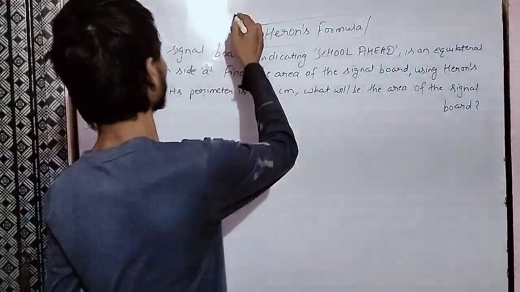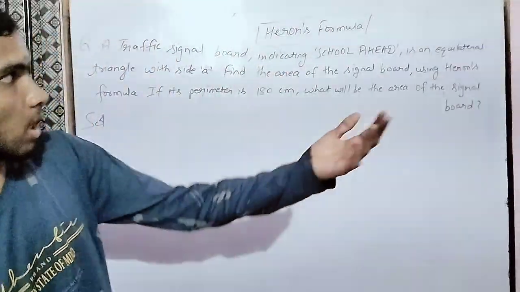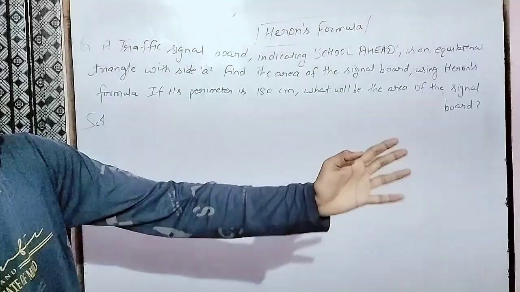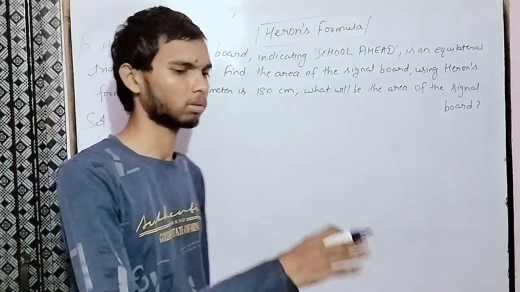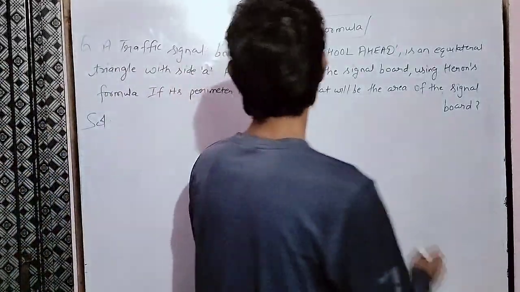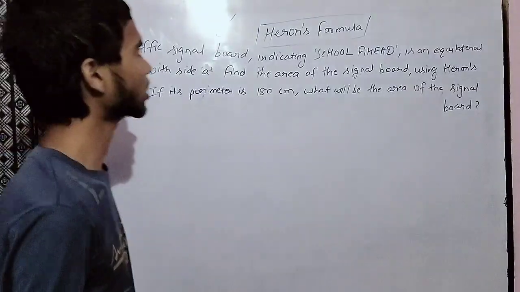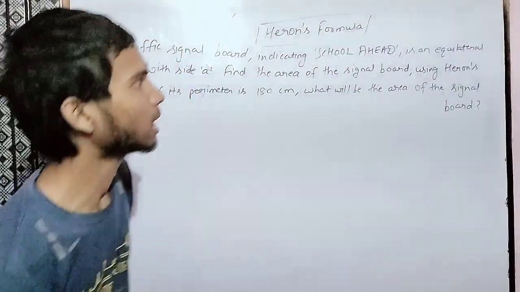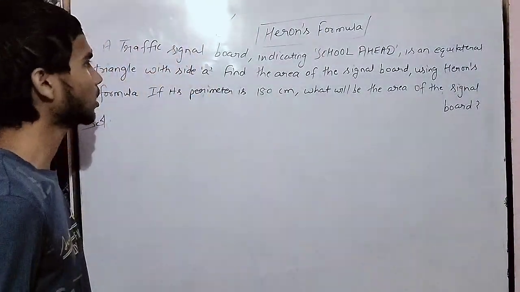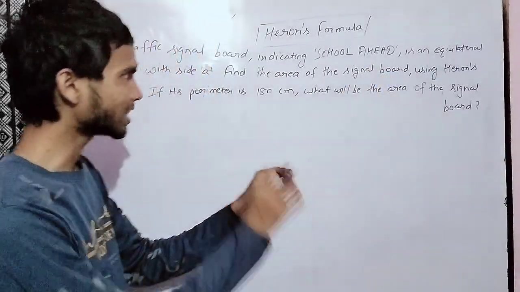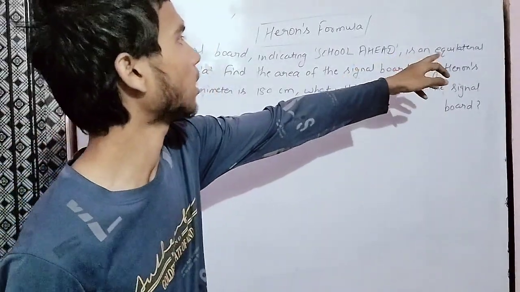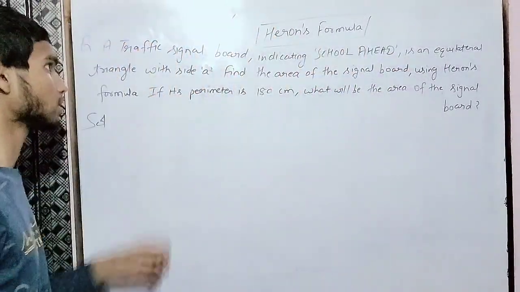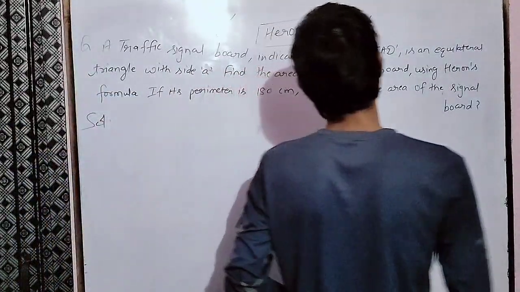That's why this traffic signal board is placed at the corner side of the road. So here our point is that a traffic signal board indicating a school ahead is an equilateral triangle. The words a school ahead are written in a triangle, and the triangle is equilateral with side A.